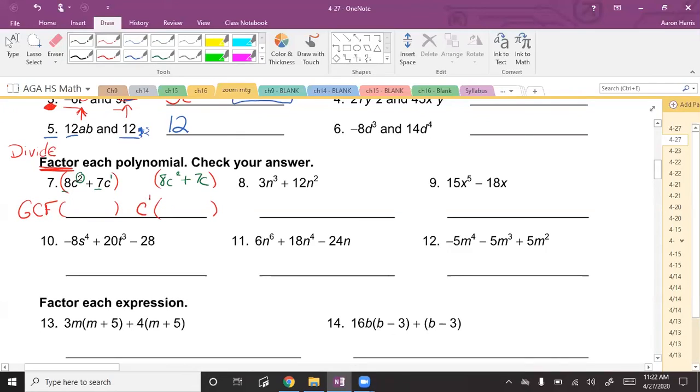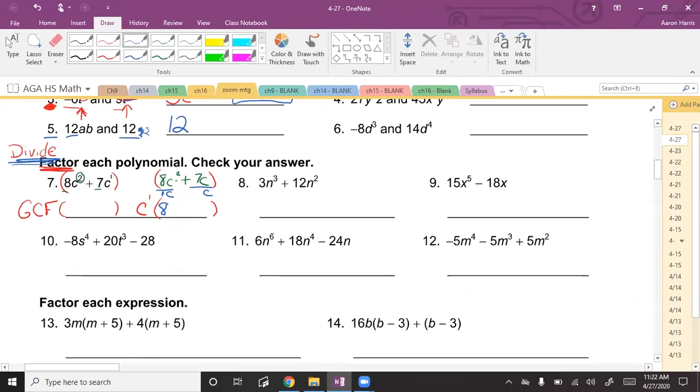And what do I do with the GCF? Divide. Yeah, we divide each term by our GCF. Now watch what happens. There's a 1 right here. So 8 divided by 1 is what? 8. So where do we put that? Inside the parentheses, right?